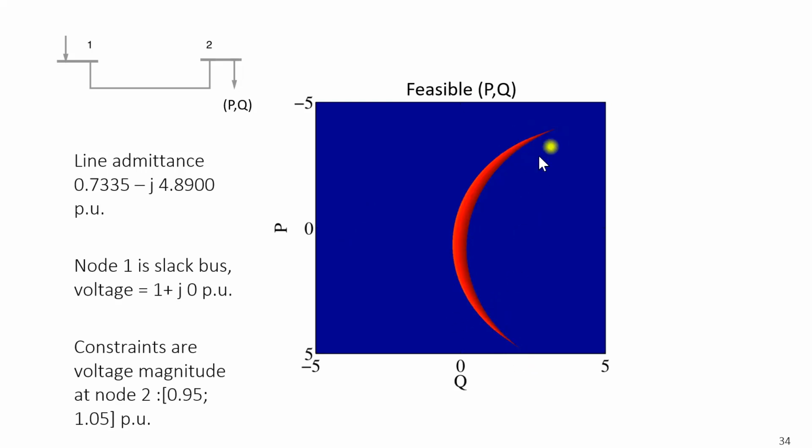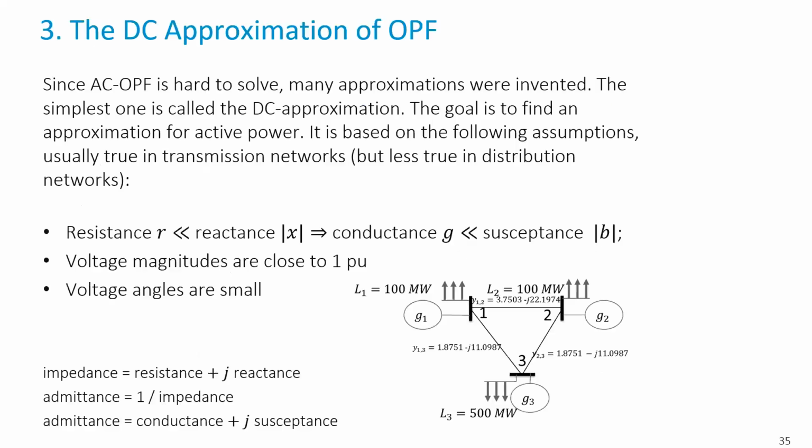If I'm operating in this region, I will have another local maximum that is here. So this has local maxima of a linear function of the power, for example, so that will clearly not be an exact convex problem. So that's the nature of the AC OPF. So what we will do in the rest is to do approximations to try to live with this difficulty.